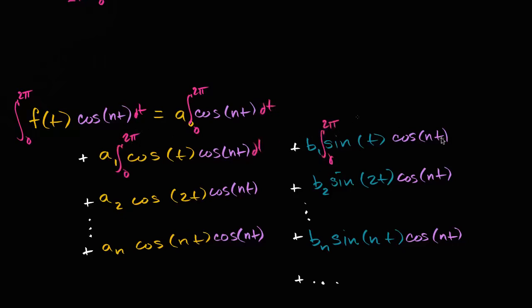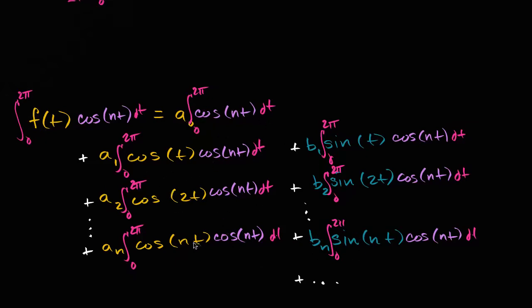Once again, just integration property. I'm taking the definite integral from 0 to 2 pi of both sides, and I'm just saying, hey, the integral of this infinite sum is equal to the infinite sum of the different integrals.